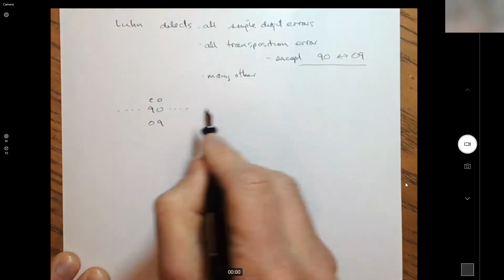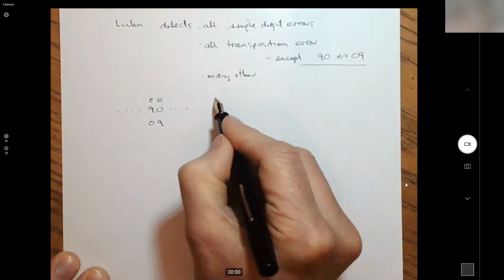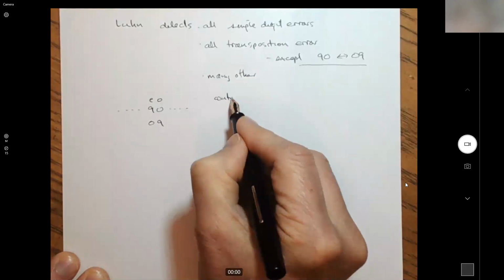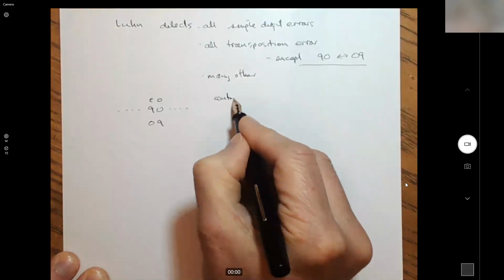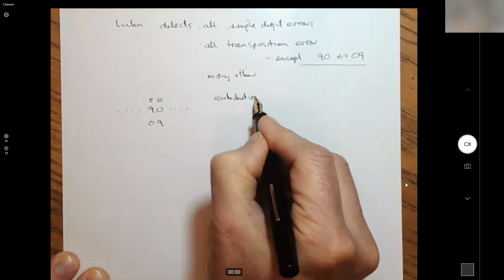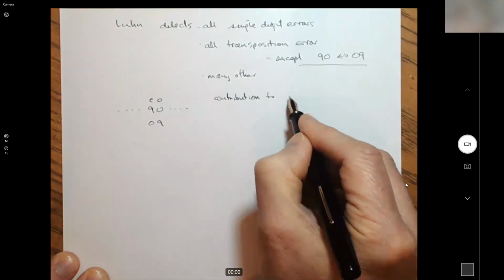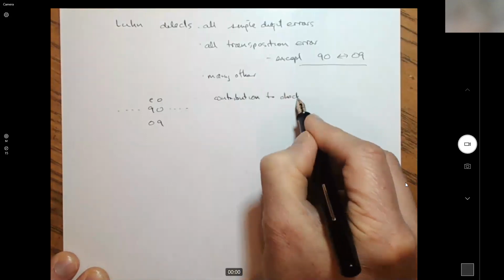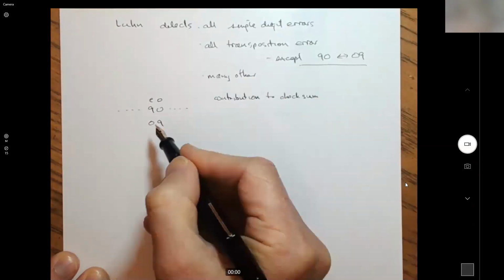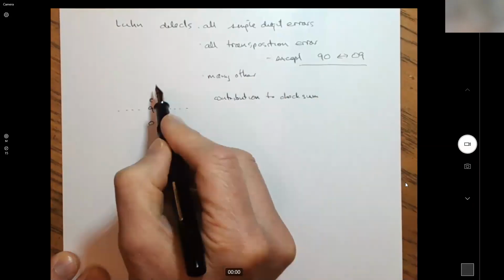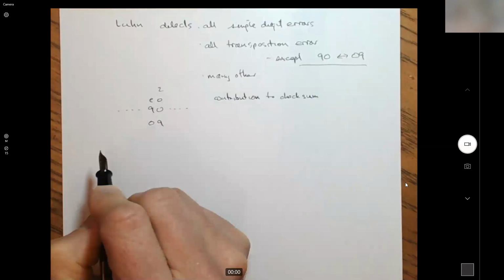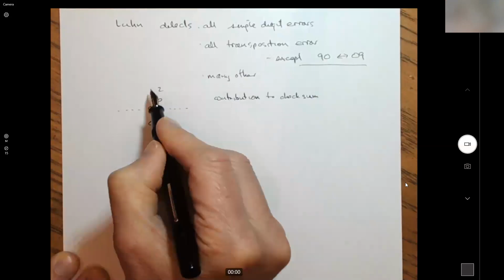But think about the contribution that 09 makes to the checksum. So the weights are 2 times the odd position numbers and 1 times the even position numbers.